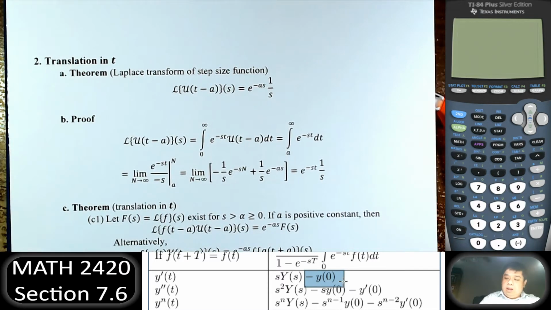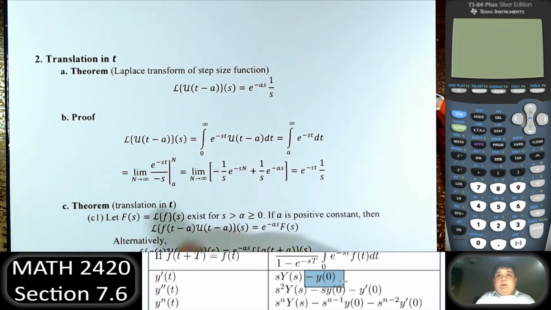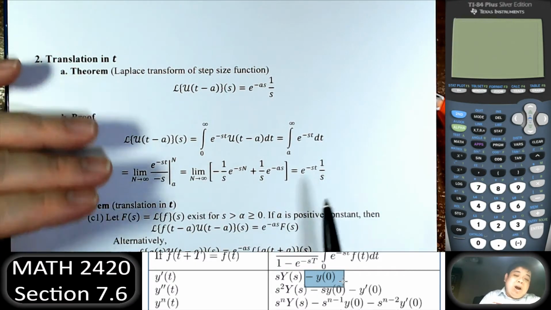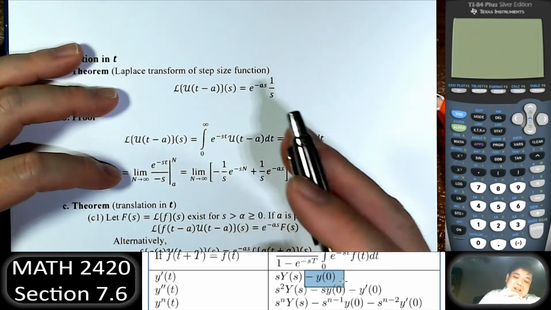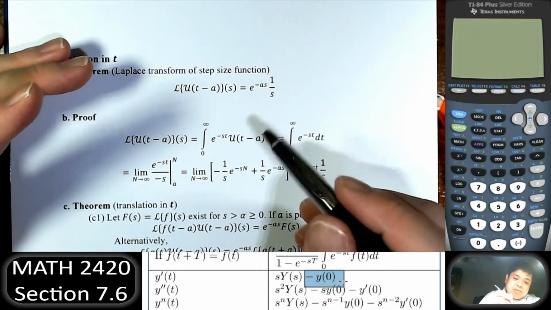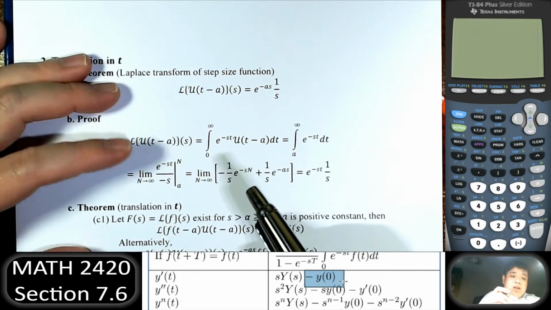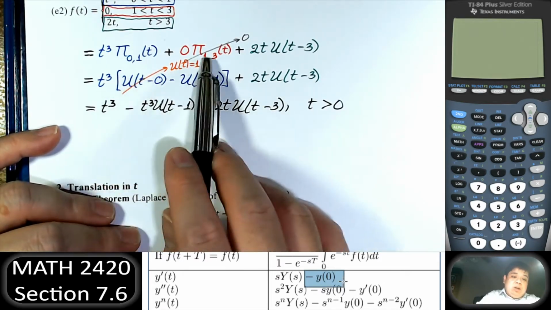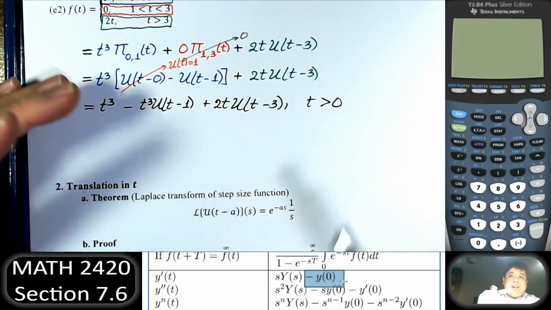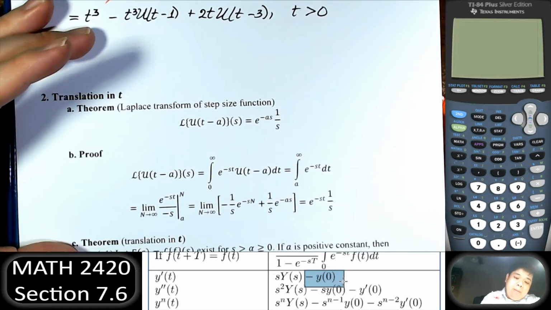By the definition of the Laplace transform we only go from 0 to infinity, so we don't really need the case where t is less than 0.